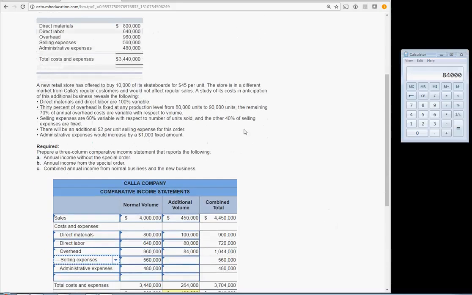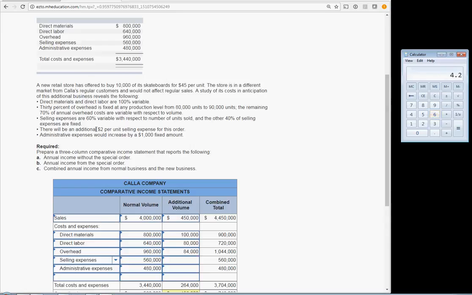Okay? Selling expenses. Again, something different. It says that 60% is variable. So let's take a look at that first. We do the same thing. 560 times 0.6 gives me my variable piece, which is 336,000 divided by 80,000 units. That's $4.20.